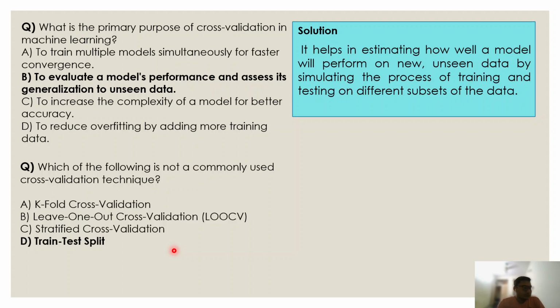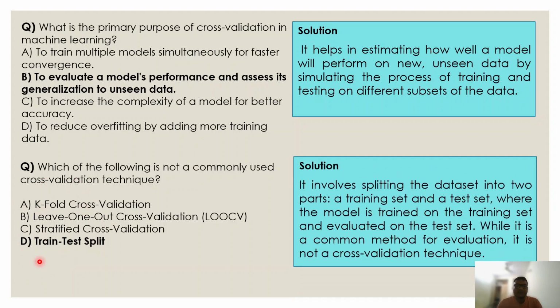The correct answer is D. Just after reading, in all the first three options, cross validation is given, but that way also you can figure it out. Train test is basically where you split your data set into two, so it is not any kind of cross validation technique. So D is the correct answer.